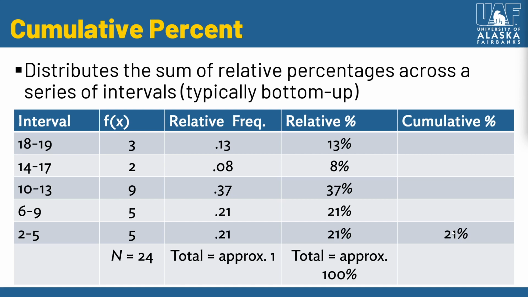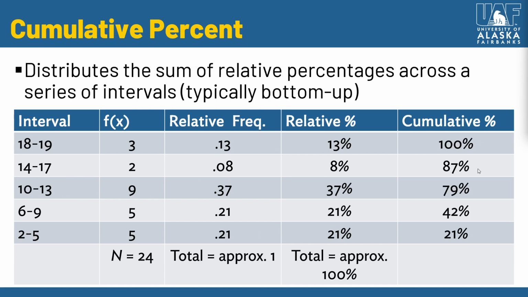So we did all this before, relative frequencies. Cumulative percent, then, we're just going to add up the relative percents, right? So this first one, if we're going bottom up, 21% of people drove 2 to 5 miles. Now we're going to add these two, so 42% drove 9 miles or less, 79% drove 13 miles or less, right? That was the mental math I did earlier. 87% drove 17 or less, 100% drove 19 or less, right?